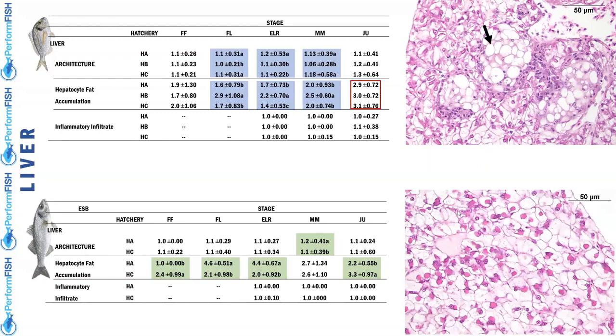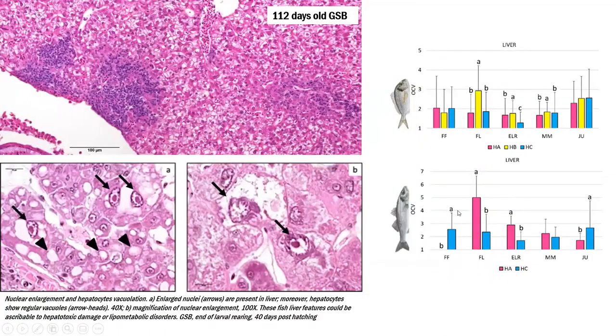Therefore, nuclear atypia, macrokaryosis and polykaryosis, spheroid presence, necrosis, and atypical hepatocyte vacuolization were the main pathological alterations found in the liver, and you can see them in this picture.